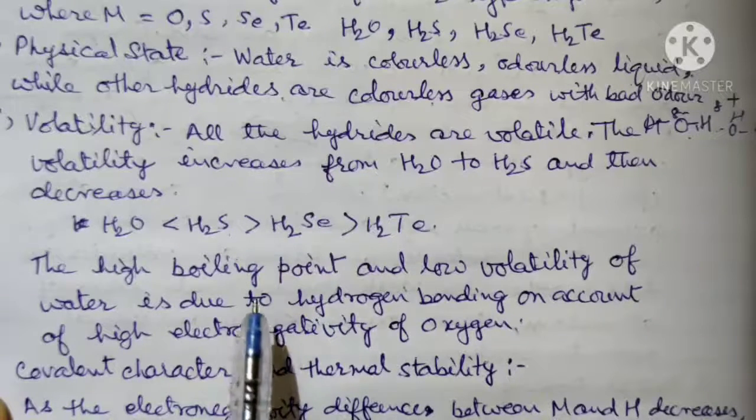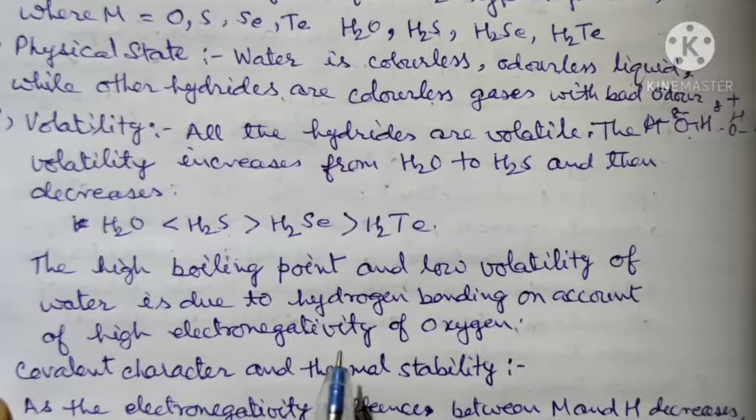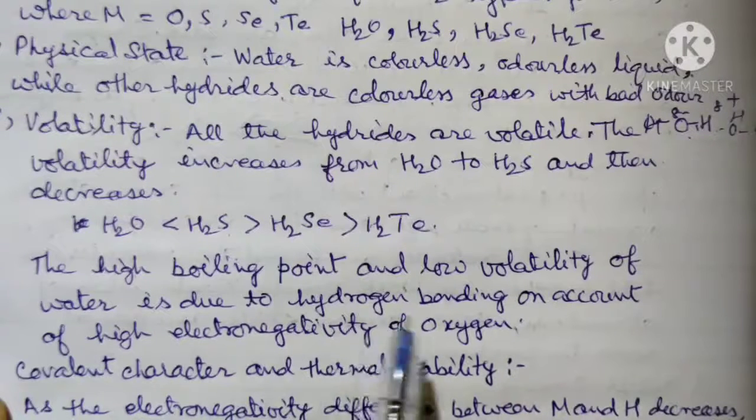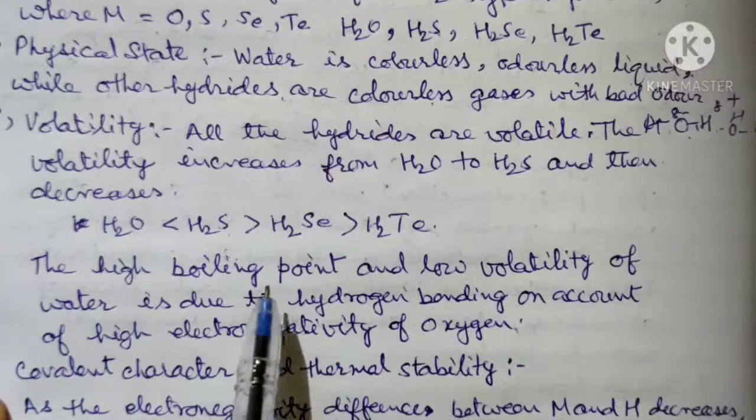The high boiling point and low volatility of water is due to hydrogen bonding on account of the high electronegativity of oxygen. That is the association of the water molecules, and that's why more energy is required, giving the higher boiling point of water.